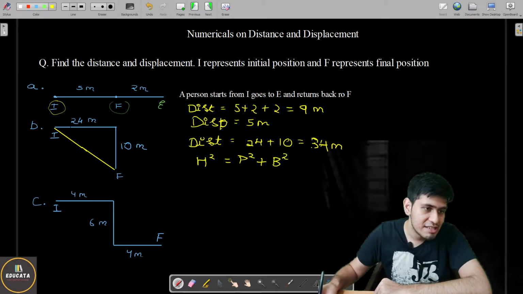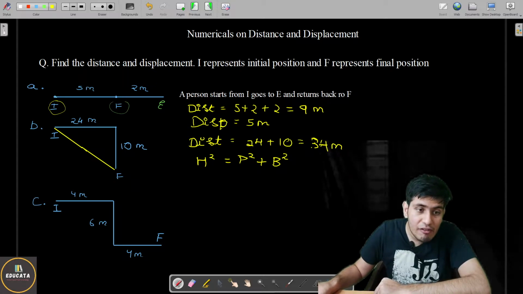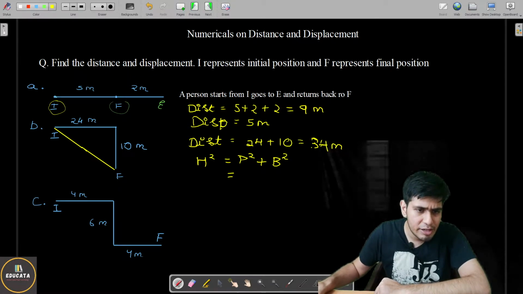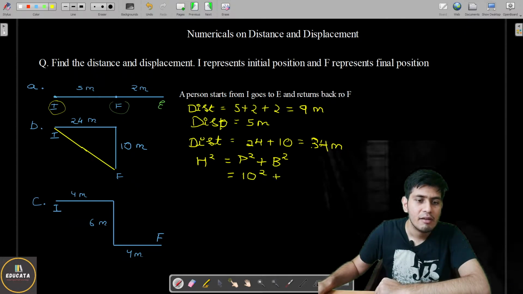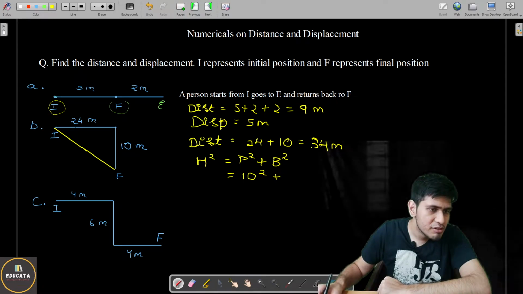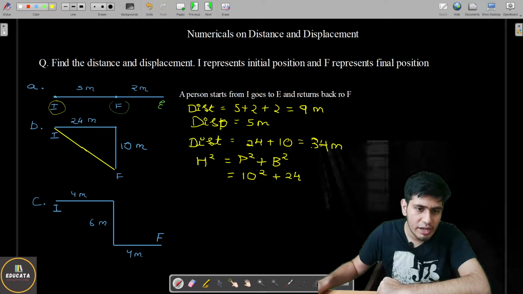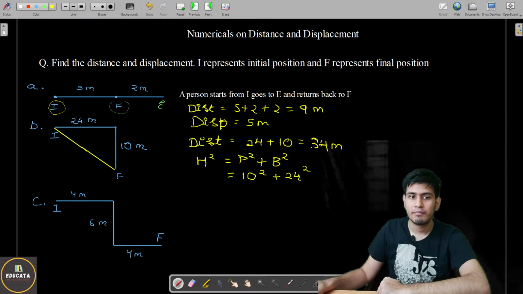Now, this h square is the IF position, which means we have to find this h. We are having the perpendicular. Yes, 10 meters is the perpendicular, so we can make it 10 square, and b square is equals to 24 square.